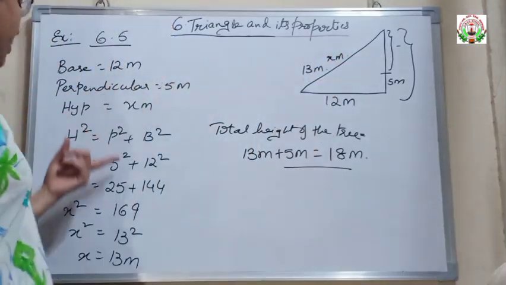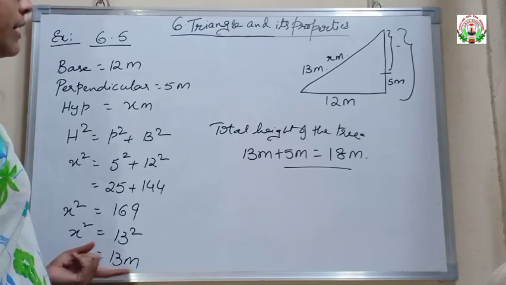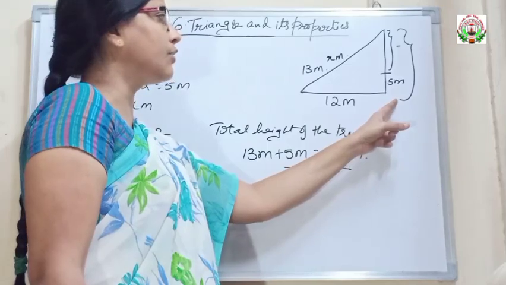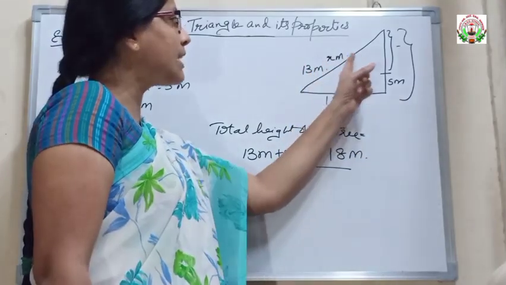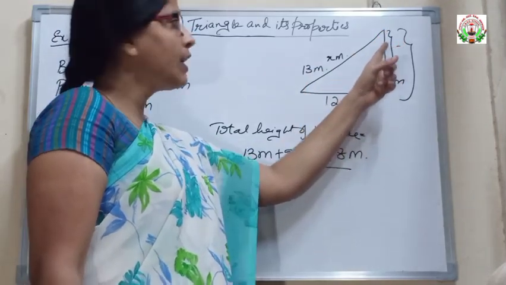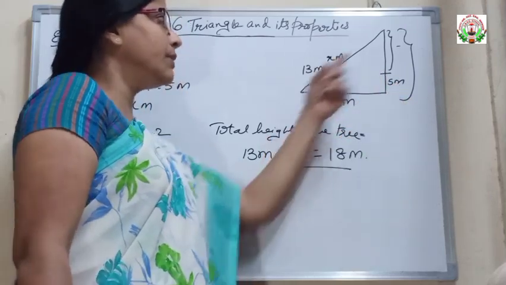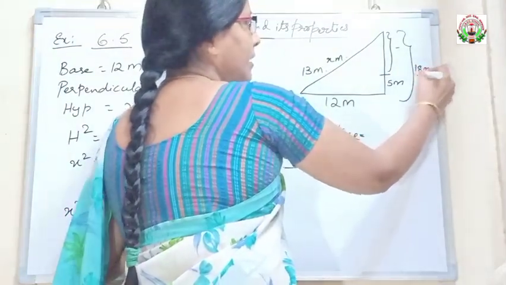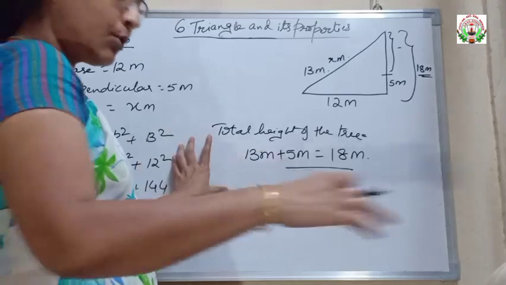So using Pythagoras theorem, x, that is hypotenuse, we got as 13 meters. We have to find the total height of the tree. So I have added this hypotenuse 13 because this hypotenuse has been formed because of the tree that has broken. So this 13 meters plus this 5 meters, 18 meters. So total height of the tree here is 18 meters. So this is your 5th question.